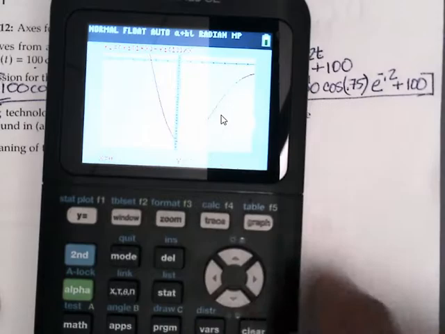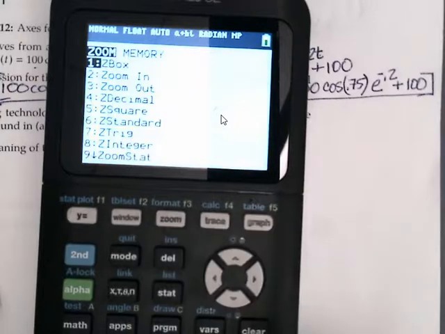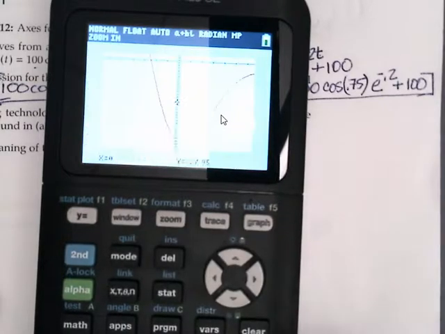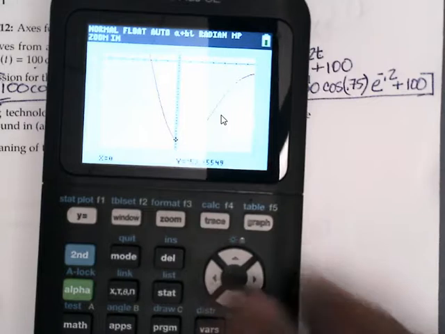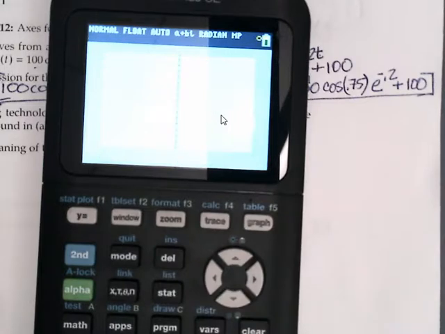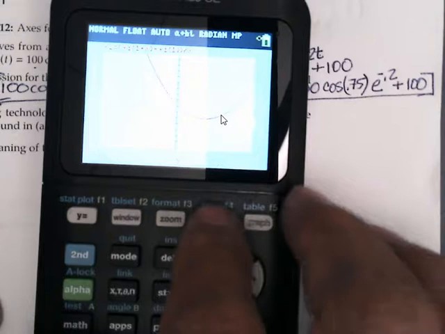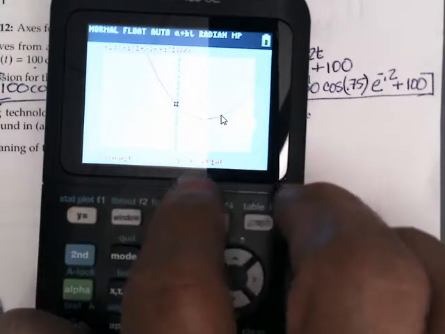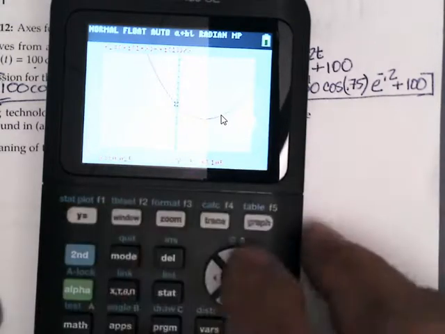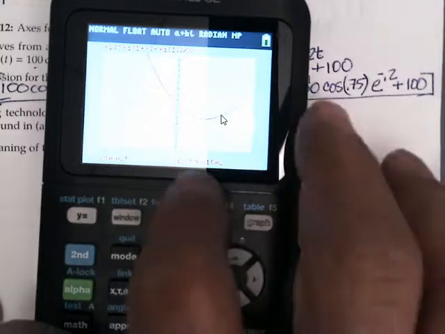If I were to go right there and go zoom in, let's see, it's going to zoom in there. I don't want it to zoom in there. I want it to zoom in down here. Enter. Taking its time. And then I'm going to go trace, and I'm going to go this side close to 0. I get negative 53.6. On the other side, you get negative 54.